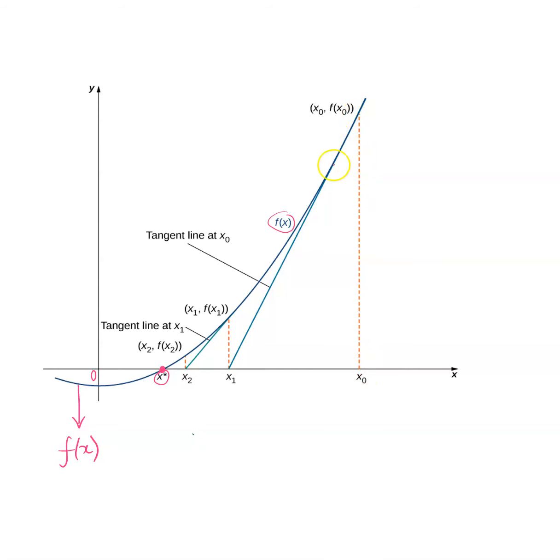X naught is a point that's close to this x. And so at x naught, if you draw a tangent line, you can get that tangent line, if you stretched it, it can hit x1. Okay. So again, this is true only if that tangent line was not a horizontal tangent. Because say you got a horizontal tangent, then you can't really stretch it to meet the x-axis. There will not be an x-intercept, isn't it?